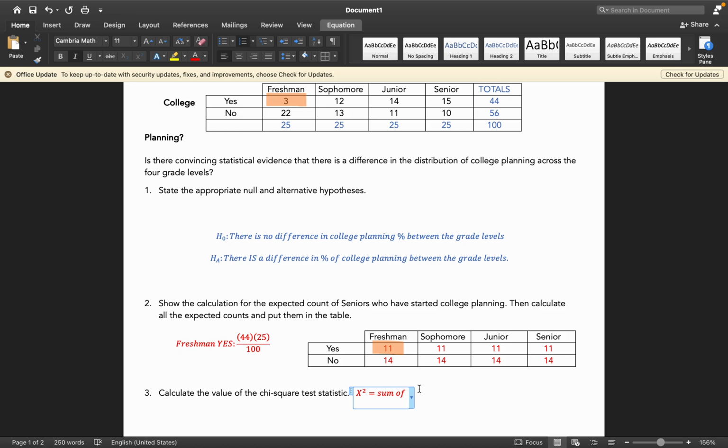I'll do 3 minus 11 squared divided by 11.